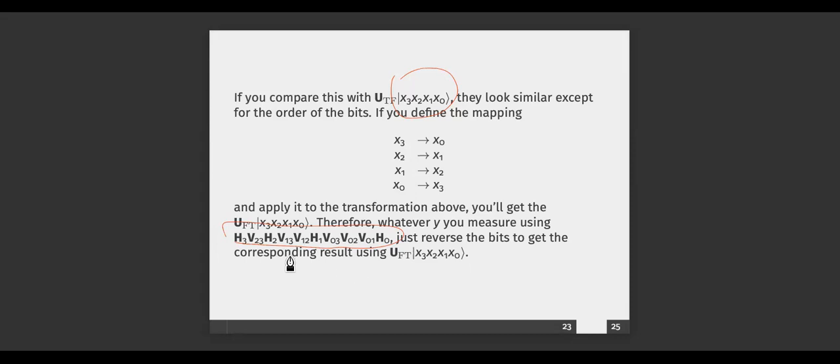So if you apply this operation to this one and then you measure, whatever the result is, you just reverse the bits, and then what you have is already the Fourier transform of this one here.